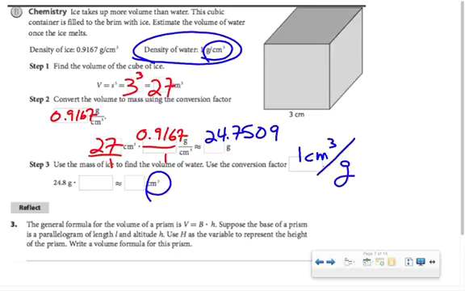So I'm multiplying 24.8 grams times 1 cubic centimeter per gram. My gram units cancel out, leaving me with 24.8 cubic centimeters, which, notice, is less than my original volume, which makes sense because they told me back here that ice takes up more volume than water does.